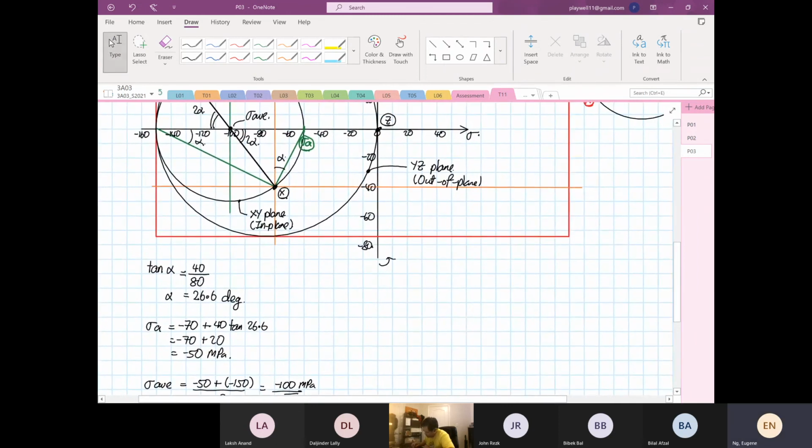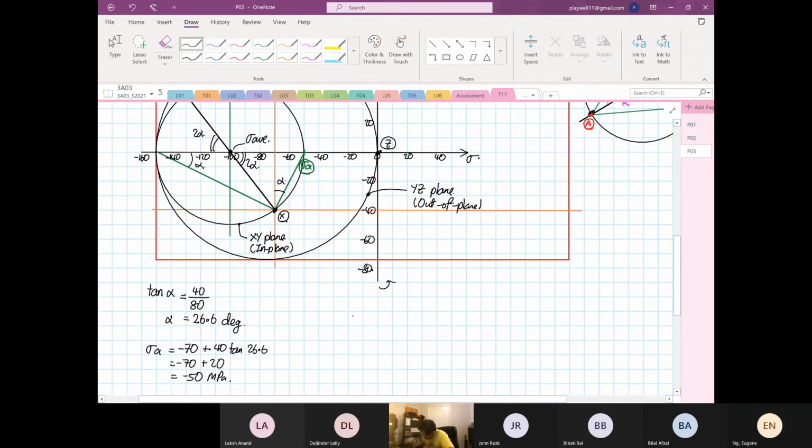Right? So stress Y2 is equal to minus 100, then minus tangent. Wait, I'm having a bit of brain not working. So let me do some side work. So tangent is this divided by this. Or you can use cosine because you know the radius, right?